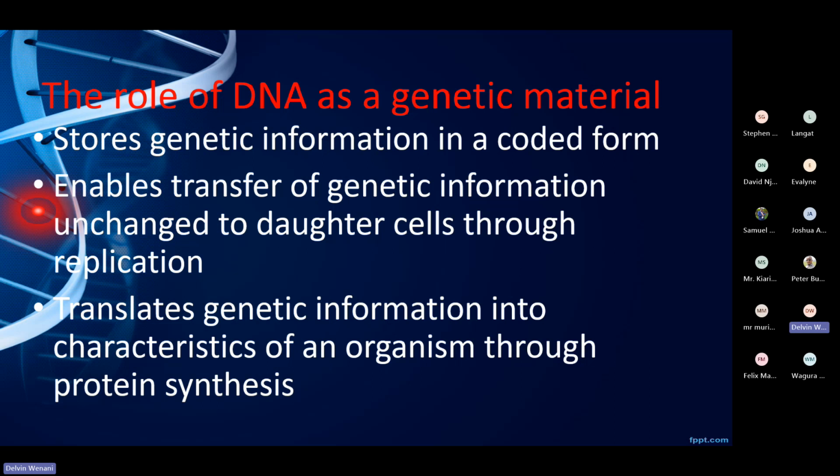Now, I've said the DNA stores genetic information in a coded form. But again, the same DNA will translate the genetic information into characteristics of an organism through protein synthesis. I've talked so much about protein synthesis, and that is one of the roles of the DNA.